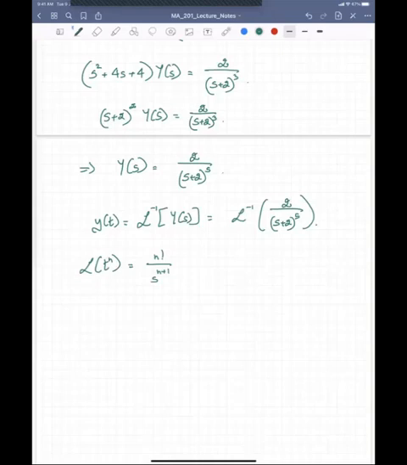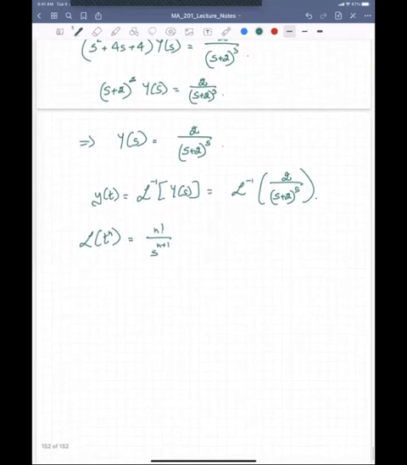But it's not just s to the 5, it is (s plus 2) to the 5. So basically this has been shifted by a equals minus 2. So I should multiply this function by e to the minus 2t. So I can guess that my y of t is 2 times t to the 4 e to the minus 2t.